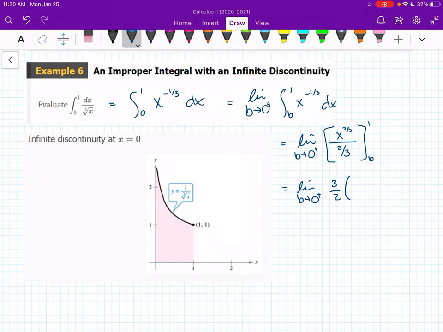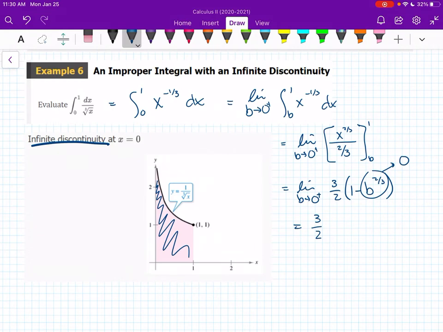If I plug in 1, I get 1 minus b to the 2/3. As b goes to 0, this piece also goes to 0. So my final answer here would just be 3/2. If I look at my function here, we can see that we have that discontinuity at x equals 0, and the area under the curve here would be 3/2.